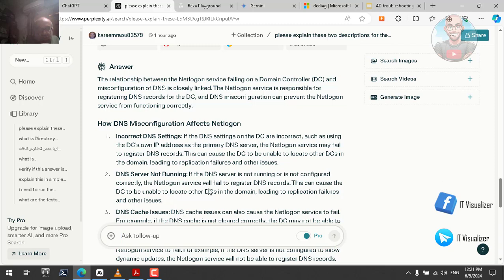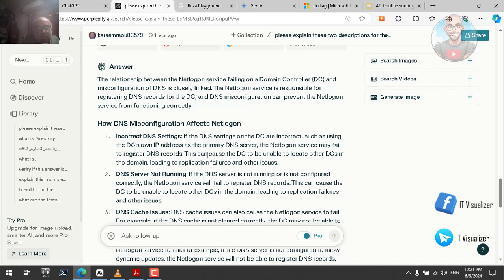The Netlogon service is responsible for registering computers in the DNS server by creating records for them. For example, if I'm a computer joining the domain, the Netlogon service will authenticate the computer and register it in the DNS.